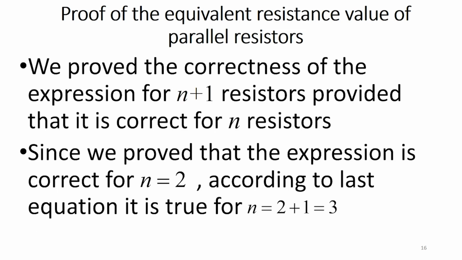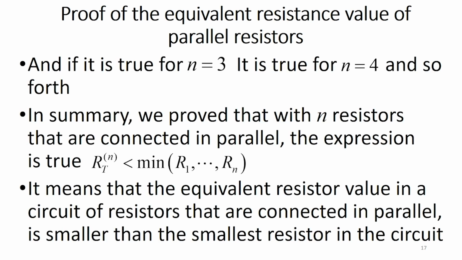We proved the correctness of the expression for n plus 1 resistors, provided it is correct for n resistors. Since we proved that the expression is correct for n equals 2, according to the last expression, it is true for n equals 2 plus 1, which is 3. And if it is true for n equals 3, it is true for n equals 4, and so forth.